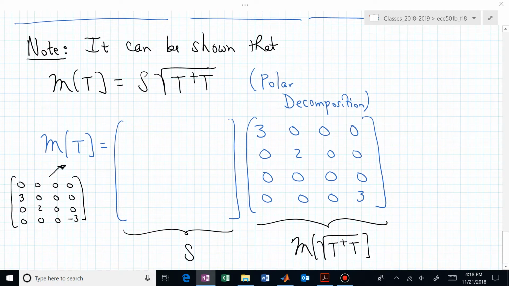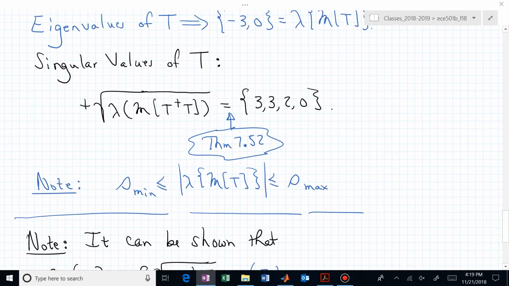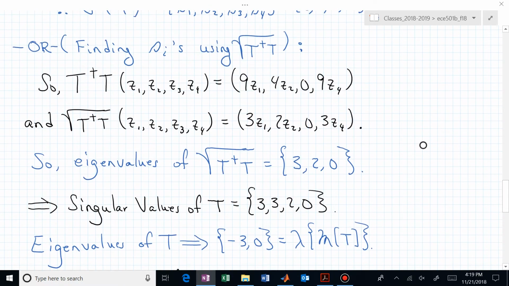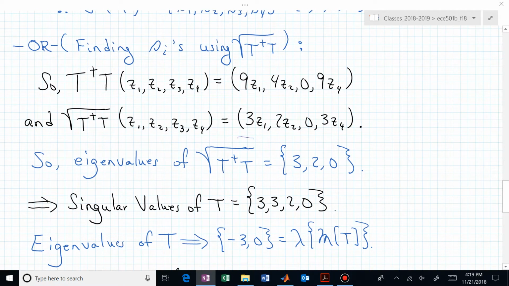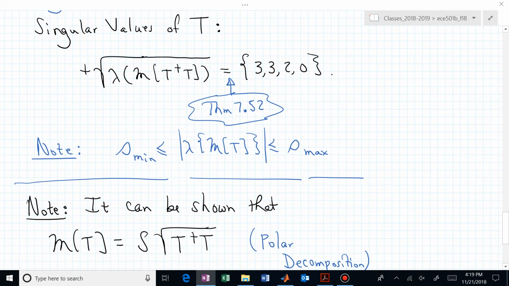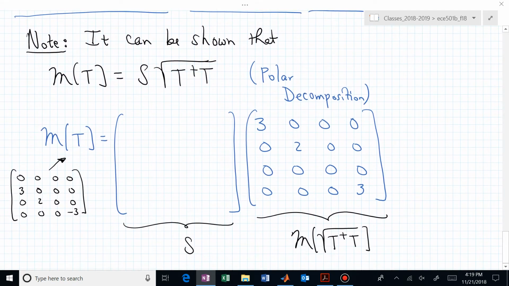We found the matrix representation of this positive operator associated with the square root of t dagger t. From that, we could find the matrix representation. That's now just diagonal entries 3, 2, 0, 3. We now want to rotate that with this rotation matrix S in such a way that it leads to the matrix representation of t on the left.